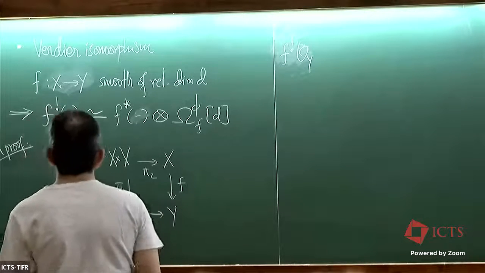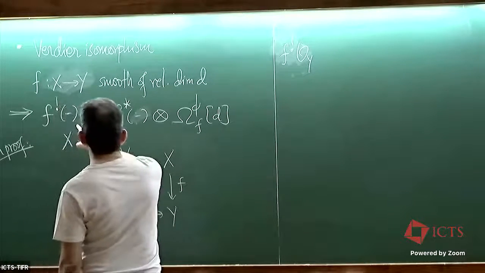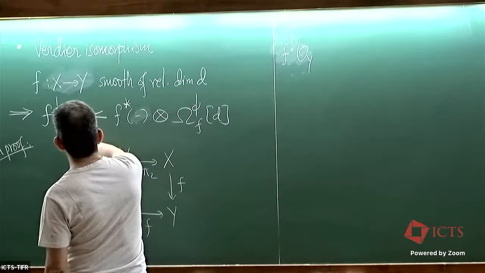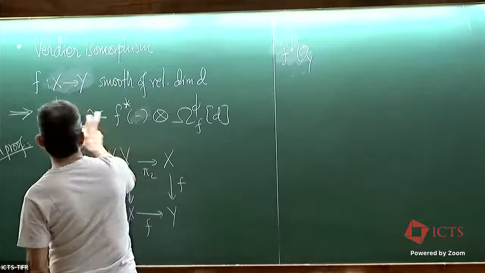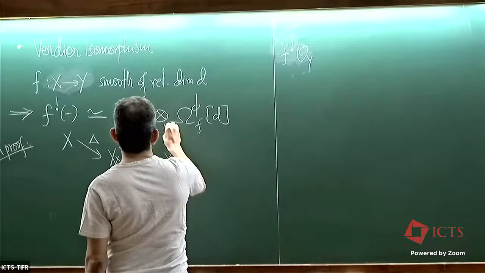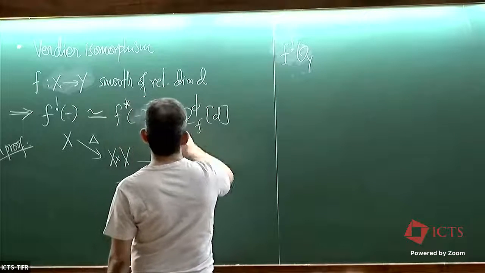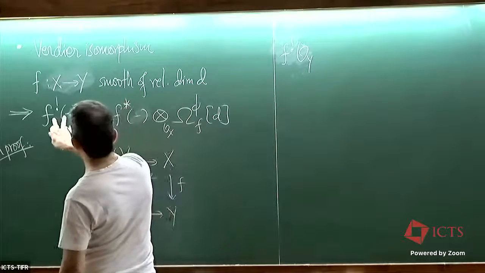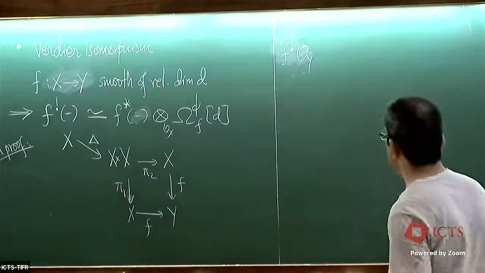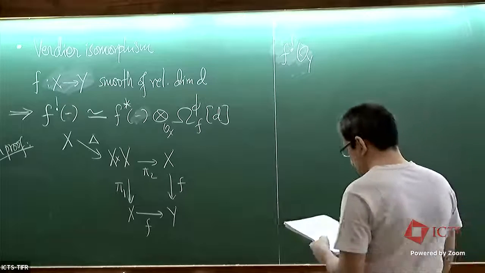Once you know f is flat, it's easy to show using projection formula kind of things that you only need to know what is happening to O_Y. If you put O_Y here and here, this just becomes O_X, so it gets cancelled off, meaning you are left with this. So the key point is to show f shriek O_Y is omega_f shifted by d. That's what we will show.